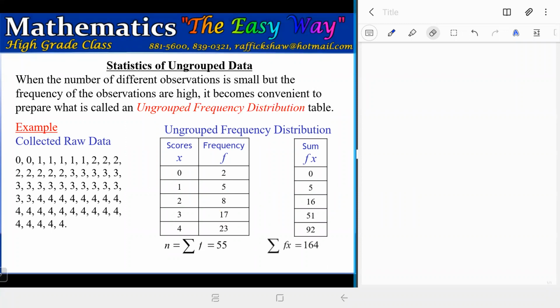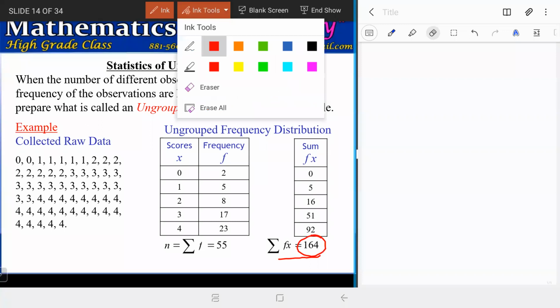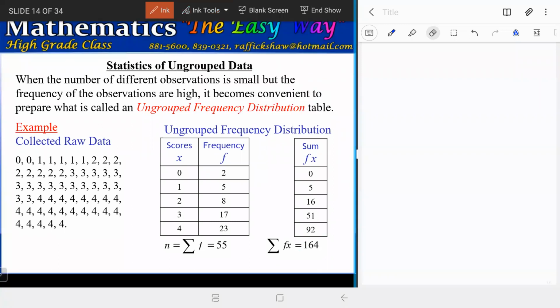That's what this is: sum of the sum. This is the symbol of a sum of. So the sum of fx is your sum of each value. That tells you that the sum of all the values is 164, and the number of values is 55.